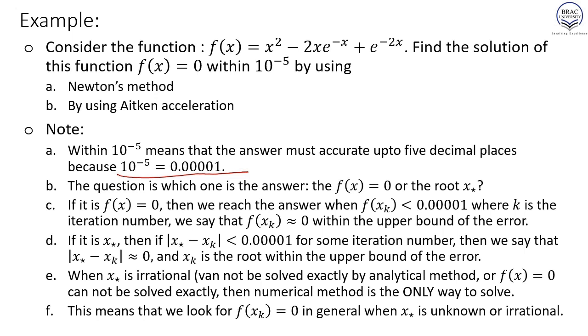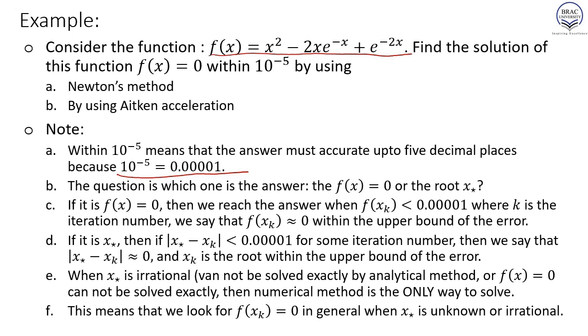So that is the example we are doing here, because this equation f of x equal to 0 cannot be solved analytically. So the root here is not an easy number, it is an irrational number. The way we solved during our video lecture, we used a simple example where x star was 2, so that's why we compared with the x star.